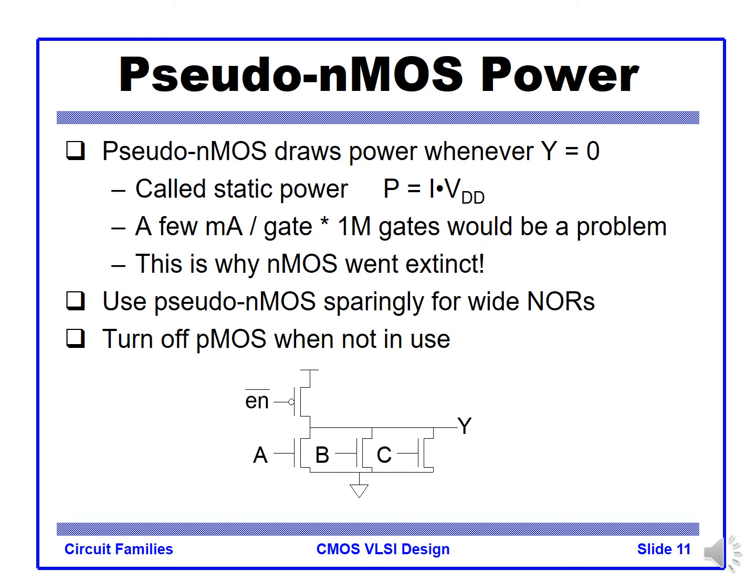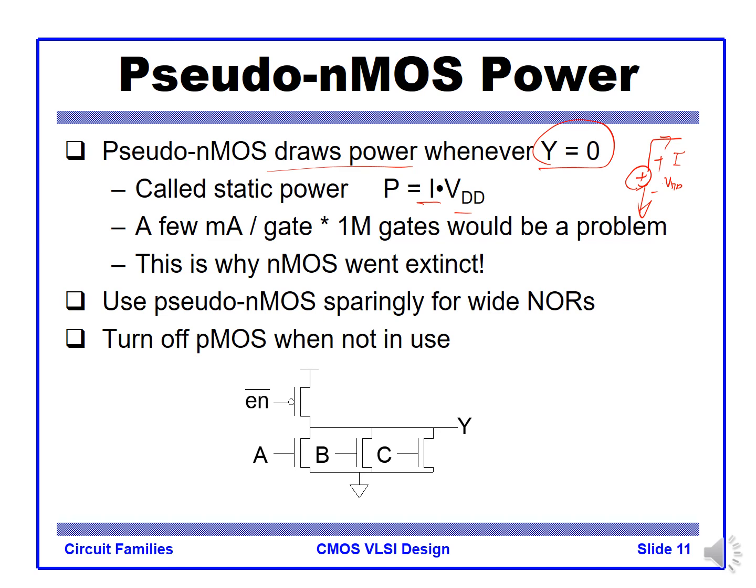Now let's calculate the power consumption of the pseudo NMOS logic. Whenever you drive a zero output, you draw static power because there is non-zero current there. Static power can be calculated by the current times the supply voltage, right? You have a current coming out from the supply VDD, and that's the power consumption.